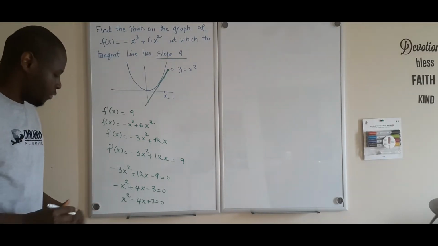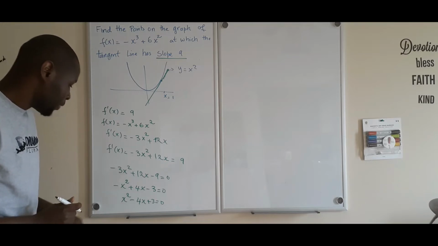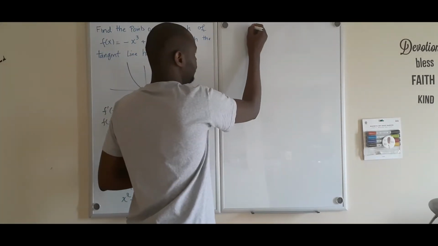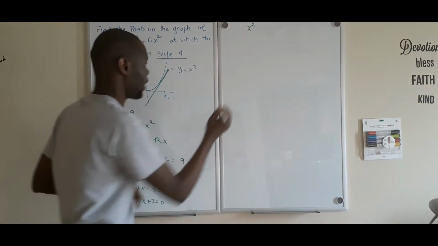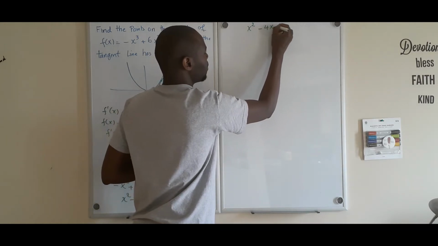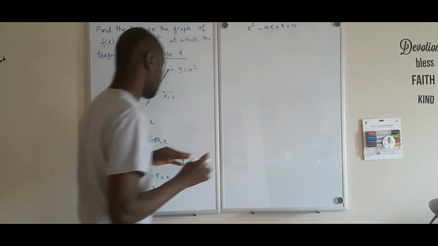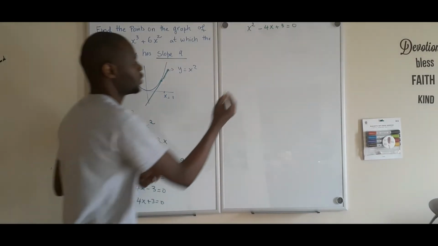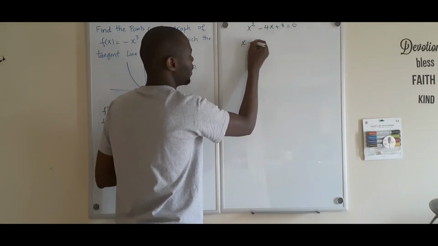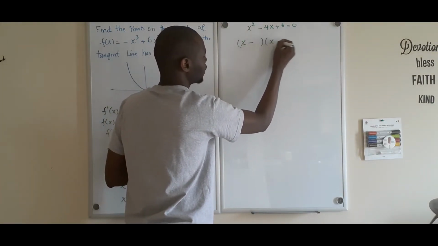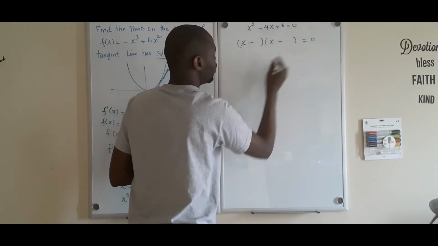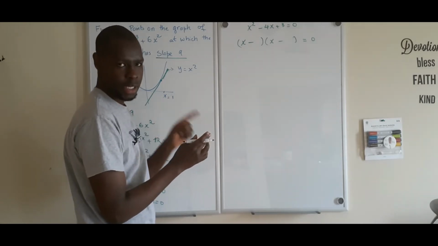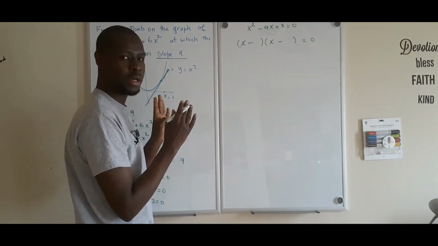Now this, if you remember from your algebra or pre-algebra, in order to evaluate this, you need to factor, right? So we have x squared minus 4x plus 3 equals 0. Again, remember, we're trying to evaluate what is the value of x where the slope is 9. So what I'm trying to do here is, what are two values that when I multiply them together, I will get positive 3, and when I add them together, I will get minus 4?